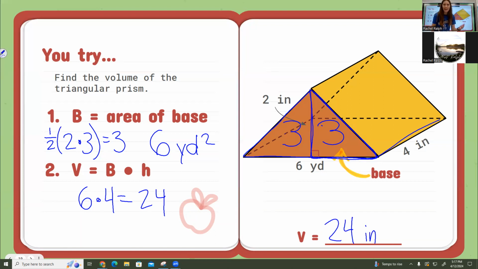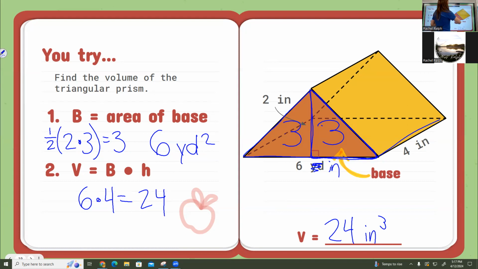Also just realizing I labeled these with different units, didn't I? I've got yards down here and inches on the other side. Interesting. Sorry, guys. But anyway, we're going to say these are all inches. So we got 24 inches. Huge. All right.